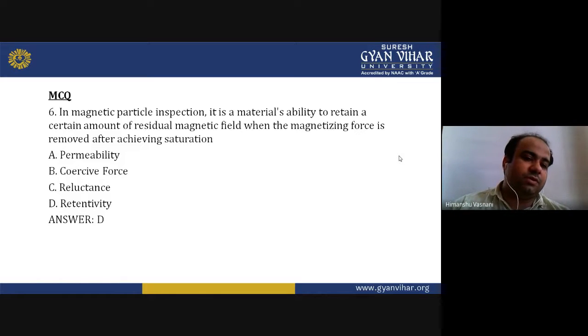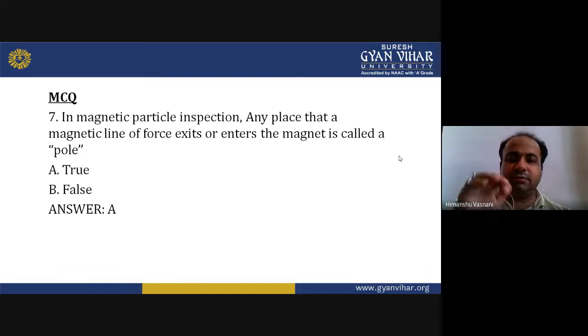So what do we call this? We call this retentivity. Normally we obtain this in ferromagnetic materials.